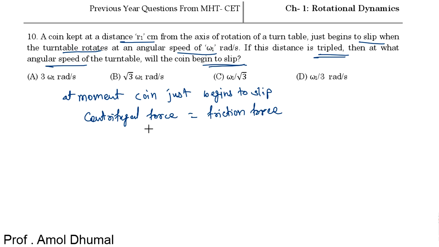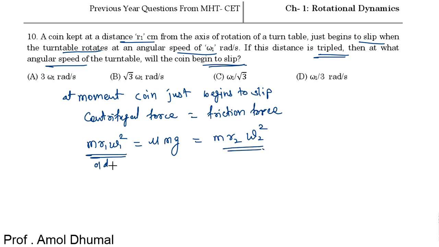This is the condition. So at this condition, m r omega 1 square, the centrifugal force, is equal to mu into mg, the friction force, which is equal to mu m r2 omega 2 square. The new condition, old condition. This is the new condition.